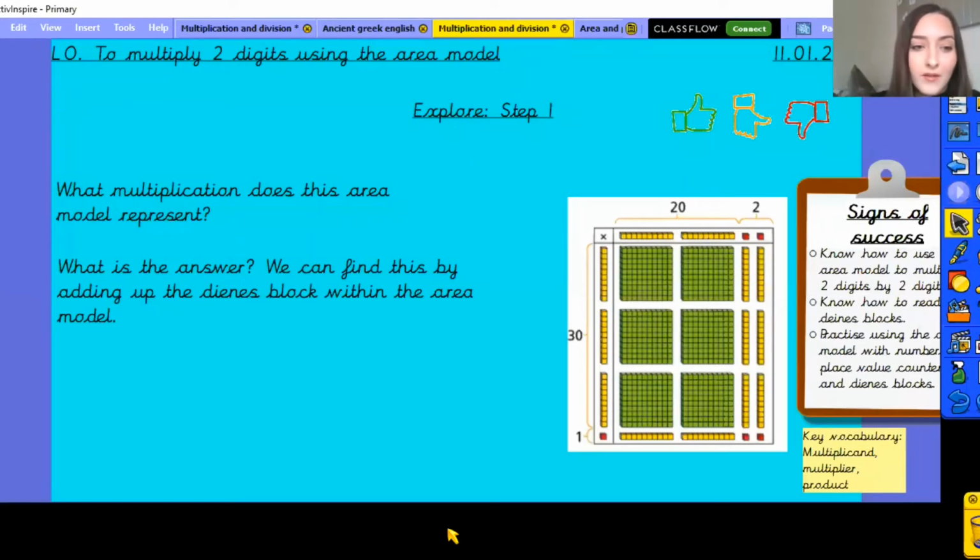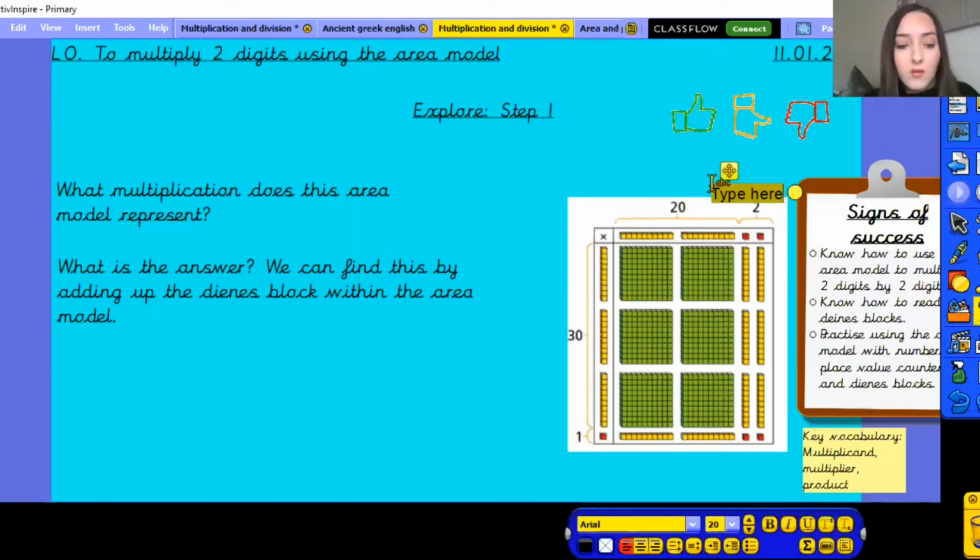Okay, so well done for having a go. As you can see on the board, I've removed the black blocks so you can now see the answers. So this area model represents the multiplication 22 and 31. And we know this by looking firstly at the top. So we have two tens Dienes blocks, which is 20, and then we have two ones, which is 2.